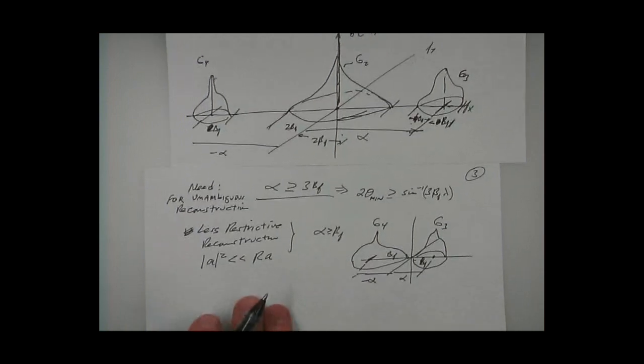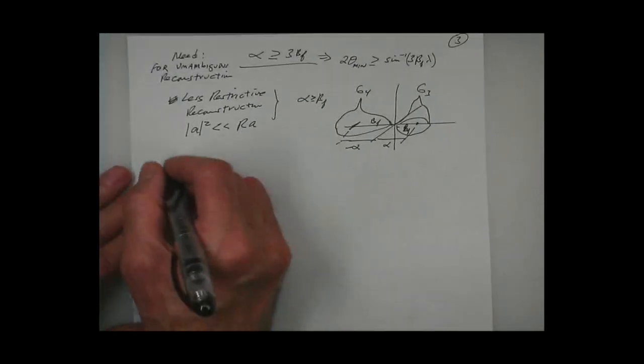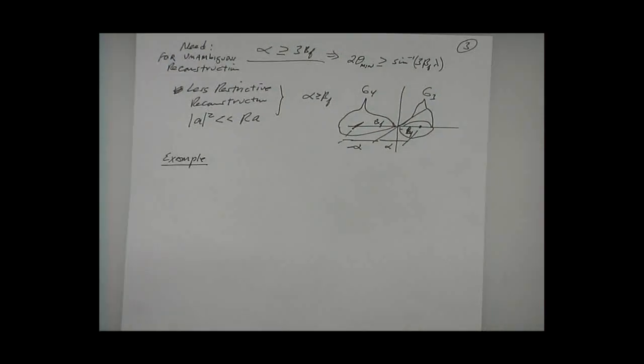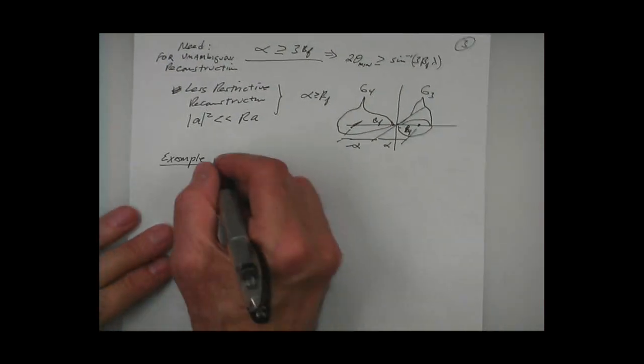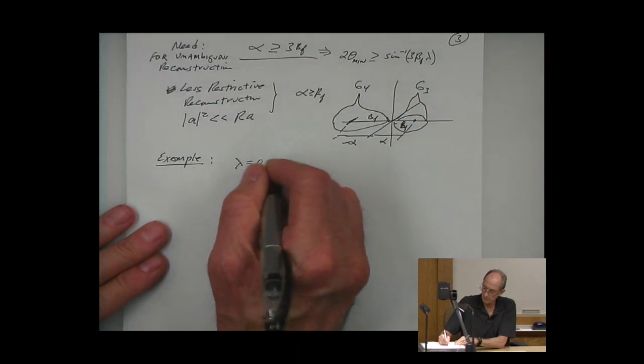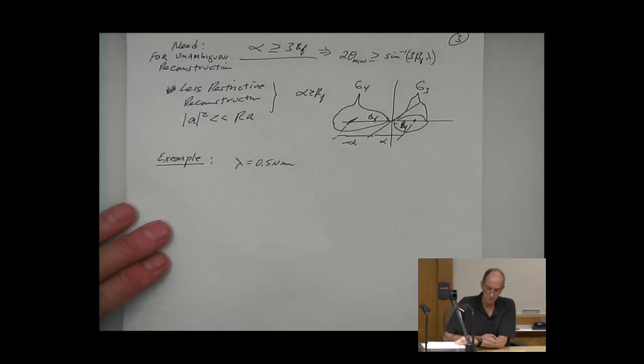So let's just throw some numbers in there to see that. Let's say that we have a wavelength of 0.5 micron. It's always a safe bet.